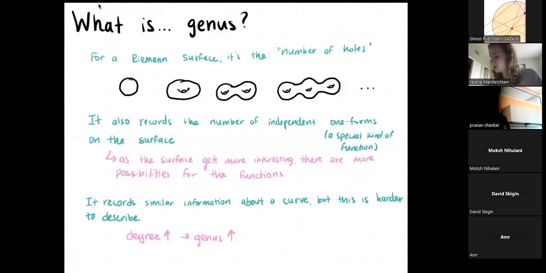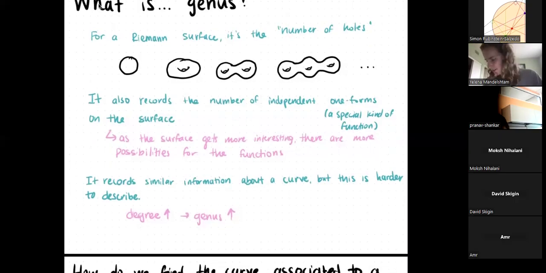It also records similar information about a curve that I won't describe because the definitions are complicated, but the genus is also a very important invariant of an algebraic curve. Results about curves are split up by genus. The general heuristic is that as your degree goes up, your curve gets more complicated. By degree, I sometimes mean the degree of the polynomial you're using to describe your curve, but if you have a lot of polynomials, it's something a little bit different, but related.